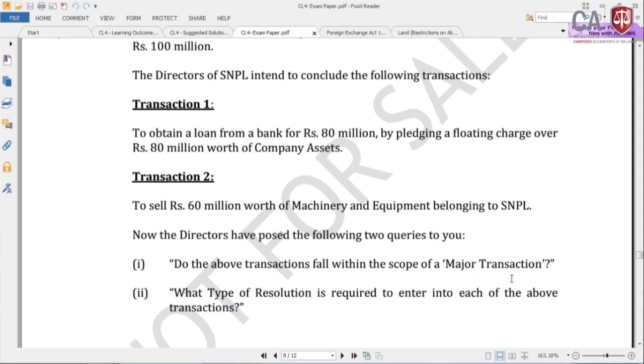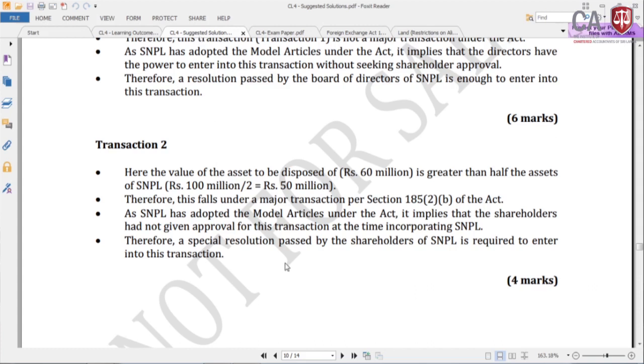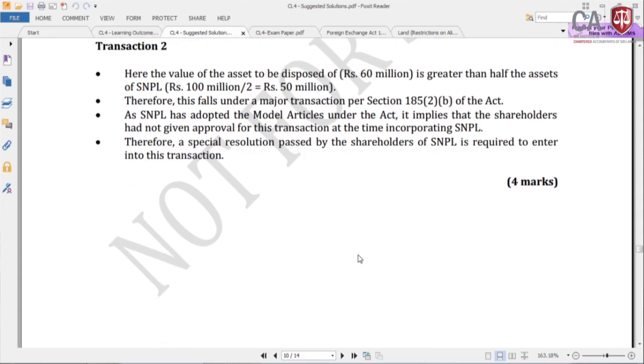Now, the next question is, what type of resolution is required to enter into each of the above transactions? In the first transaction, a resolution passed by the board of directors is enough. Whereas here, as it's a major transaction, the resolution should be passed by the shareholder meeting. That's the answer there.